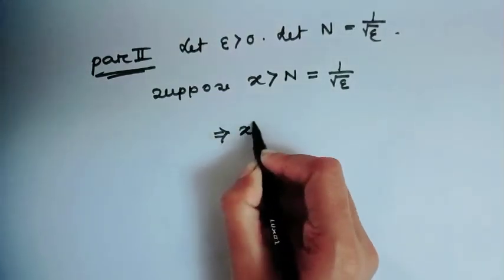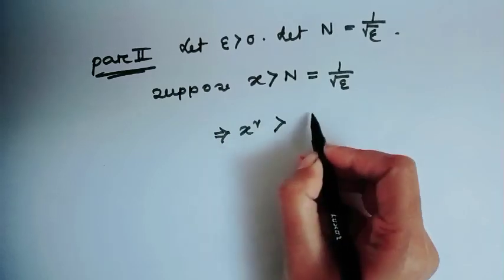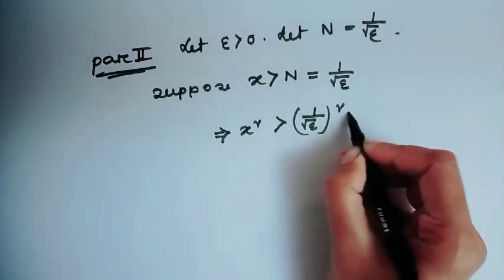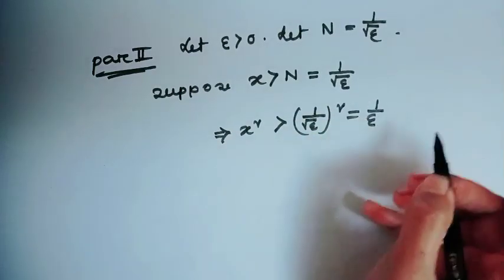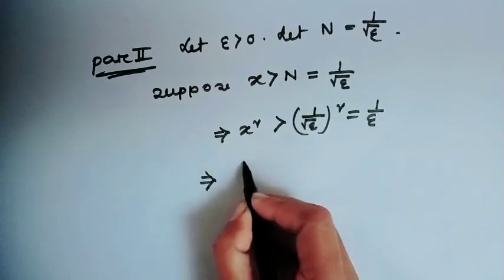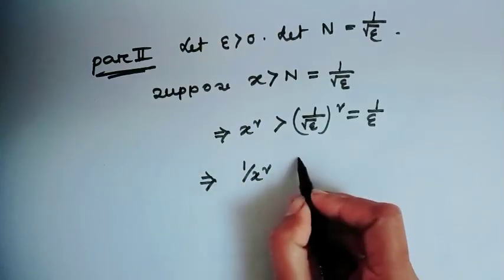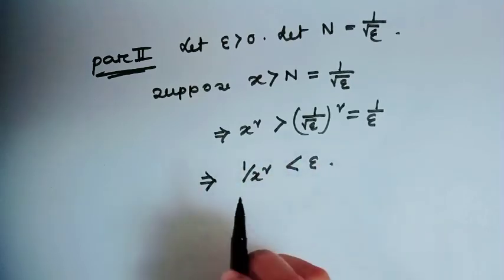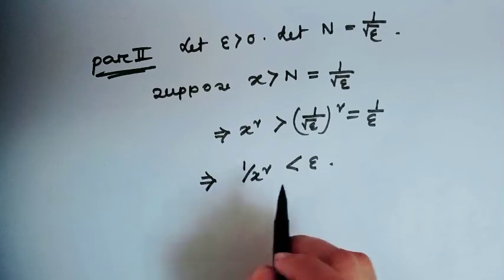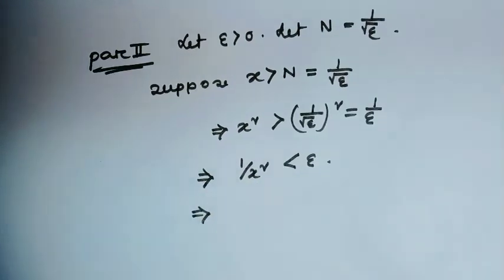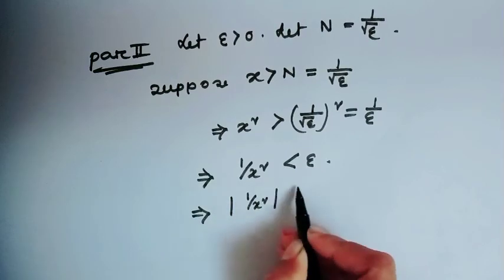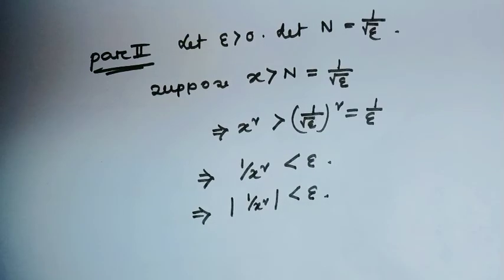That implies x square is greater than 1 over square root of epsilon whole square, that is equal to 1 over epsilon. That implies 1 over x square is strictly less than epsilon. And this value is always positive. So, if we apply absolute value, then no matter. And this is our proof.